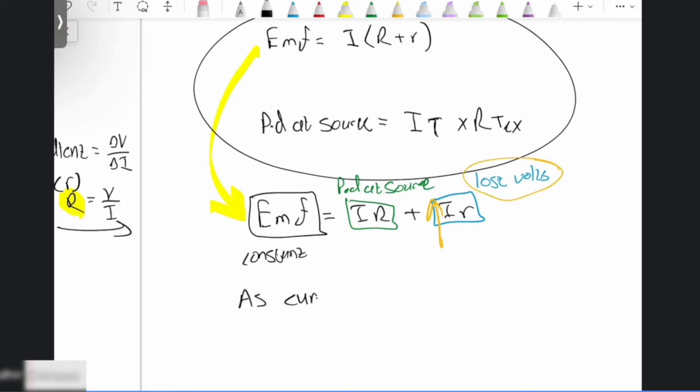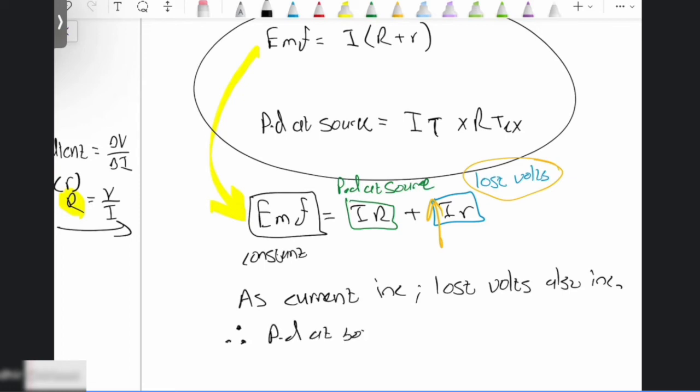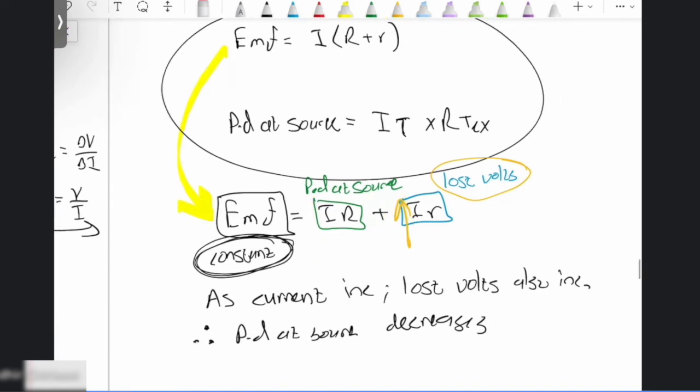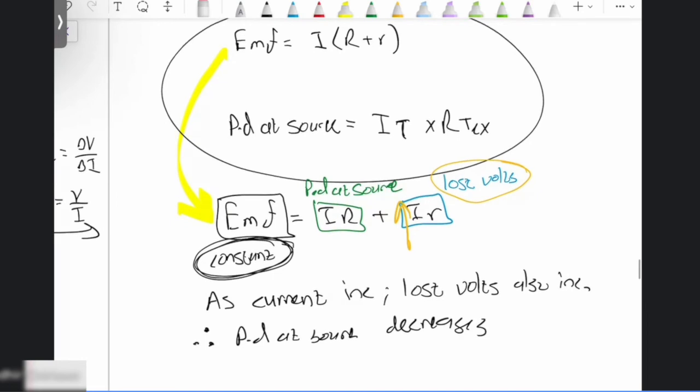As current increases, lost volts also increase. Therefore, potential difference at source decreases. Because remember, for this to remain constant, if this goes up, then this one must go down. Hope that makes sense, guys. Guys, if you want me to re-explain that, let me know.